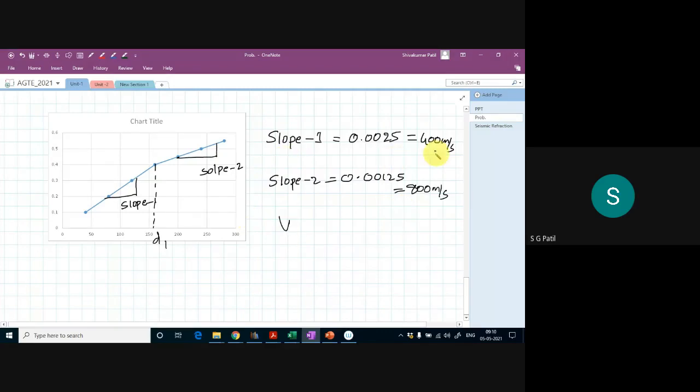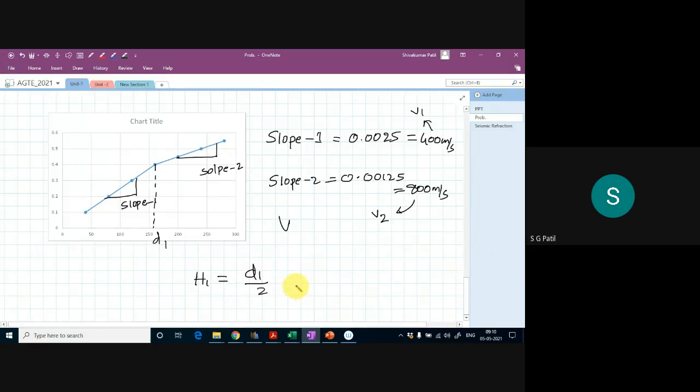So this is nothing but V1, and this is nothing but V2. Once you know V1 and V2, what is the next step? I have to find out H1, that is the depth of the soil layer, right? What is the formula?